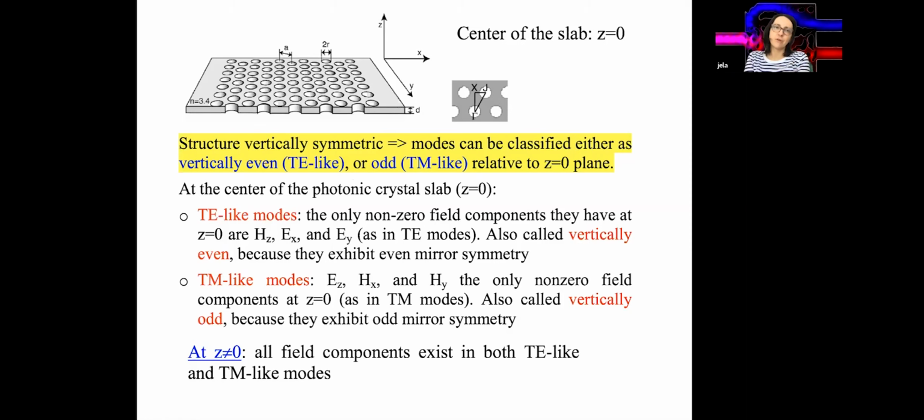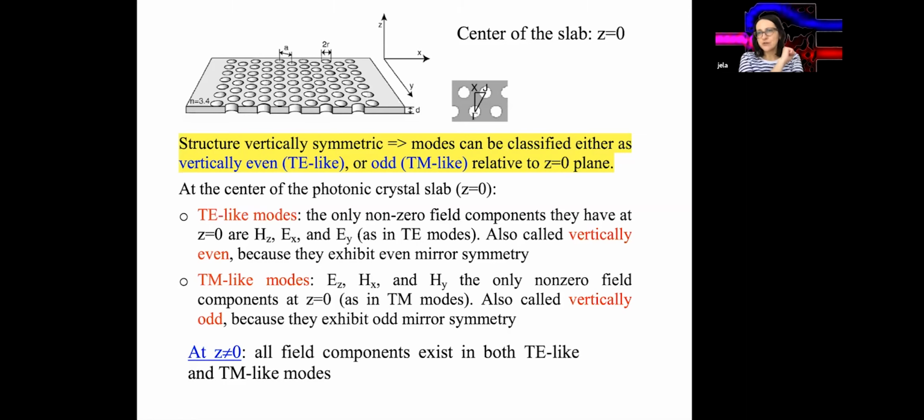But if you still have a large contrast, as you do if you have oxide underneath, because it would be 1.5 and this is 3.5 and air would be 1, they're still primarily TE-like and TM-like. But keep in mind that they're not exactly decoupled from each other unless you have vertical symmetry, which is why it's generally really good to make sure that you have vertically symmetric structures if you're making high Q resonances.